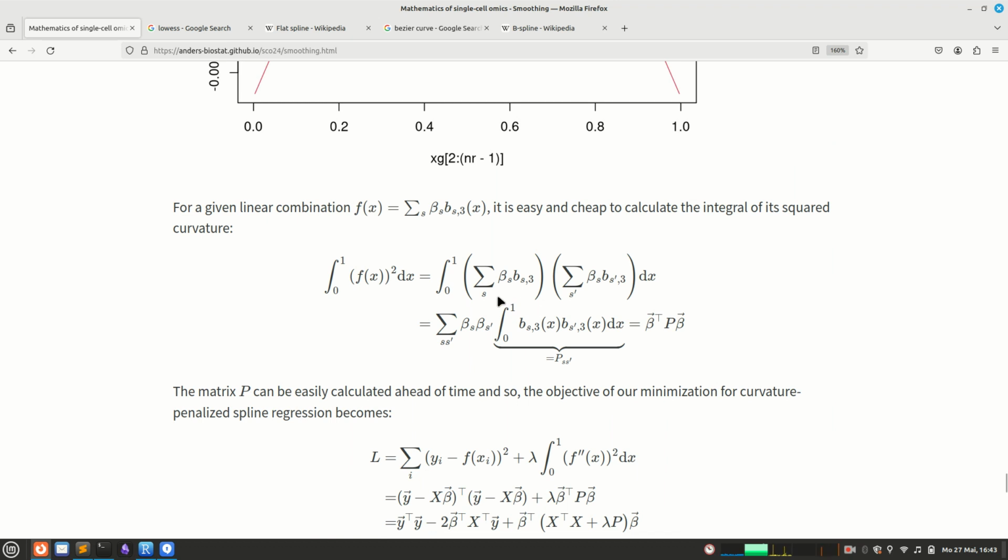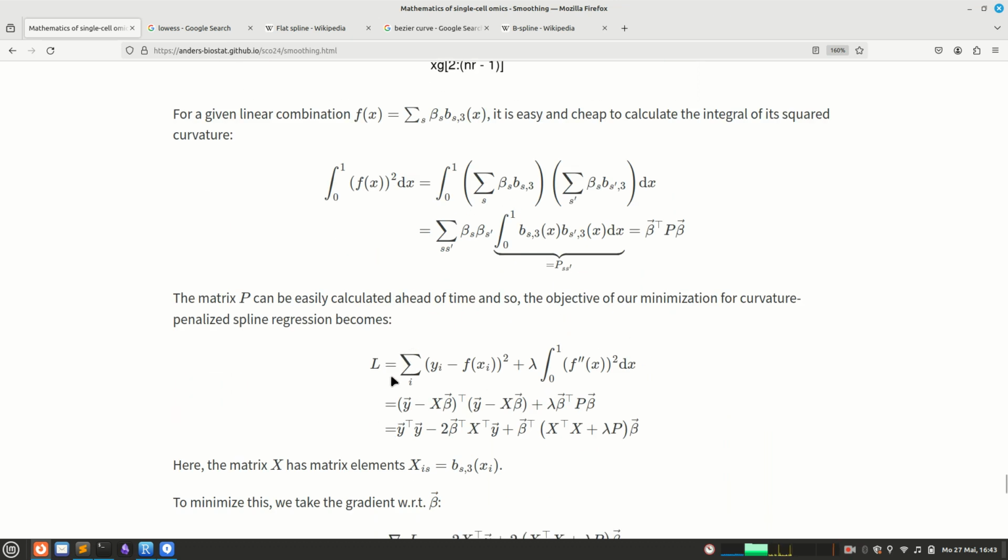Once you have fixed where you put your knots, this thing here is just a matrix of m by m values, for each pair of basis functions one value. And in this matrix you simply have to multiply with your coefficient vector, once from the left and once from the right, to get this curvature. And that's now the nice thing, that we can calculate the curvature of our linear combination of basis functions just by using this curvature penalty matrix P.